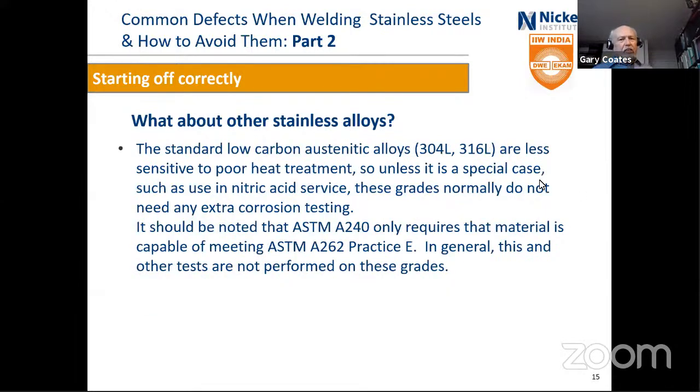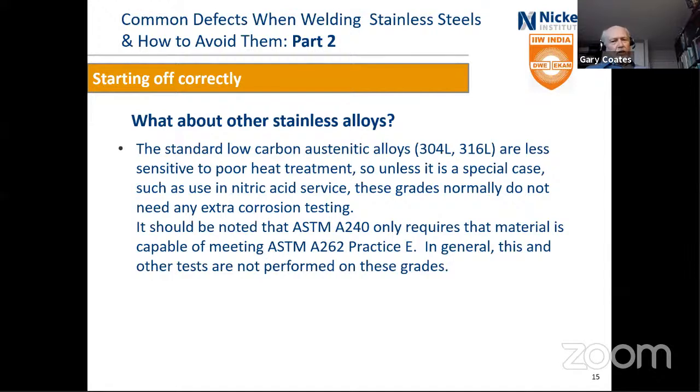So what about the standard low carbon stainless steels? I'll emphasize that low carbon 304L, 316L are less sensitive to poor heat treatment. So unless it is a very demanding service, and nitric acid is one of them, these grades normally do not need any extra corrosion testing beyond what is given in the standard specification. It should be noted, for example, in ASTM A240 for plate, the manufacturer doesn't actually have to do the tests.